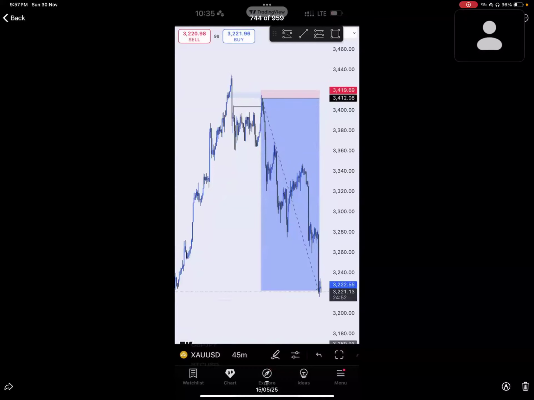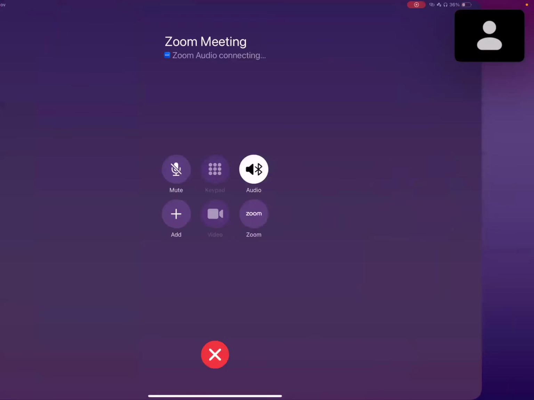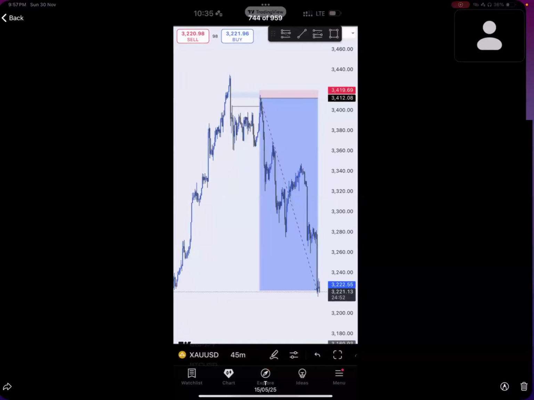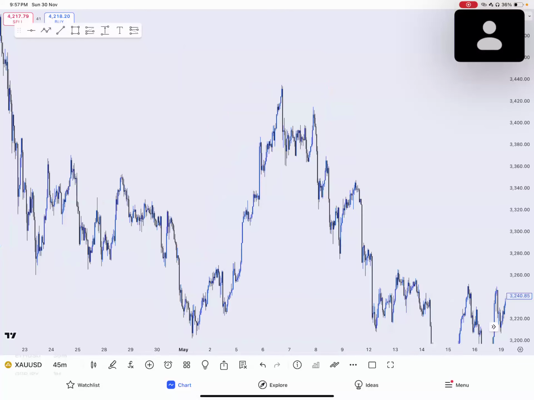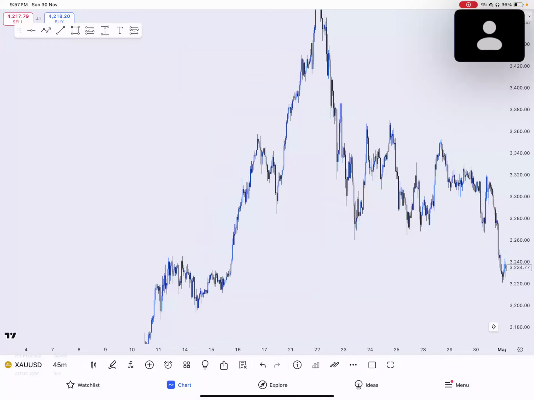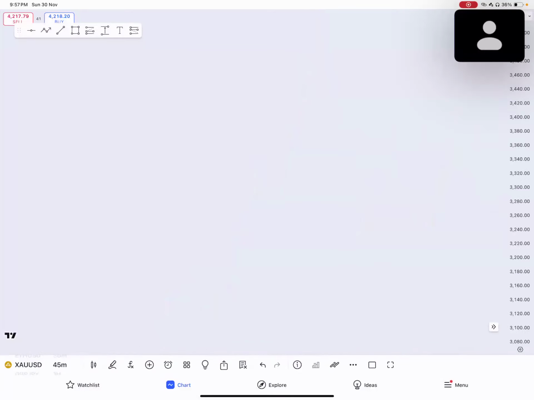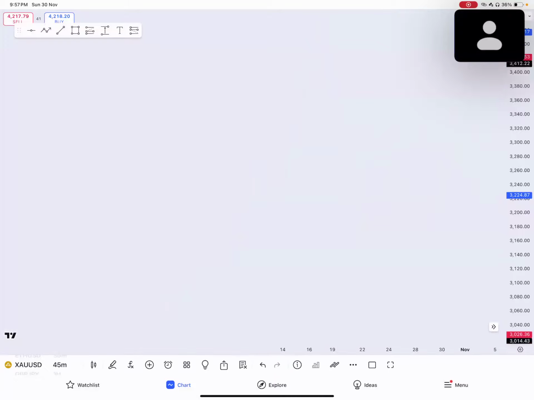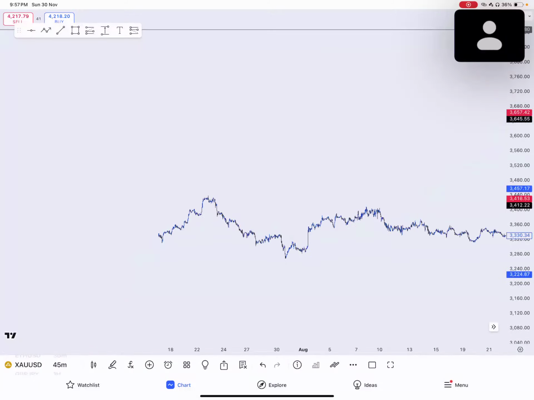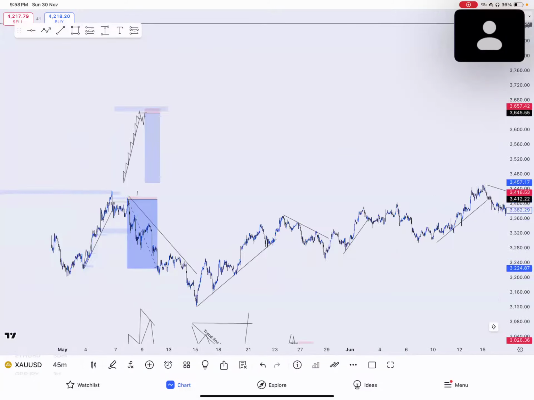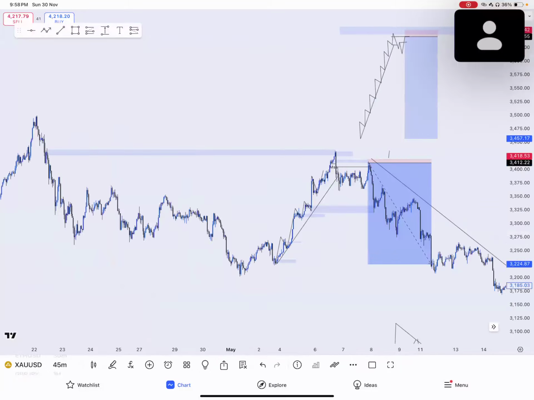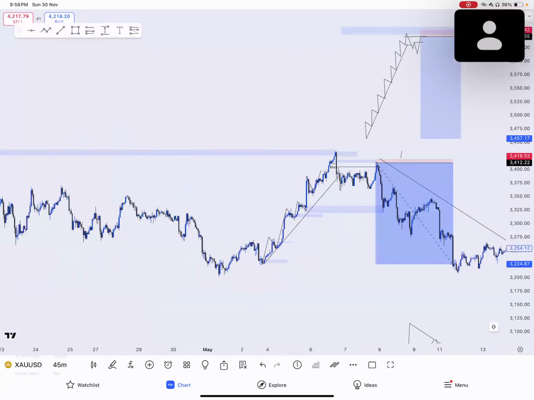So I did not panic to close my trades or start looking in the opposite direction to trade, because I knew where the market was going. The only way I was able to know where the market was going was because I understood the concept of liquidity. I knew that for the market to be on a particular trend, it is accumulating trend line liquidity in the opposite direction.